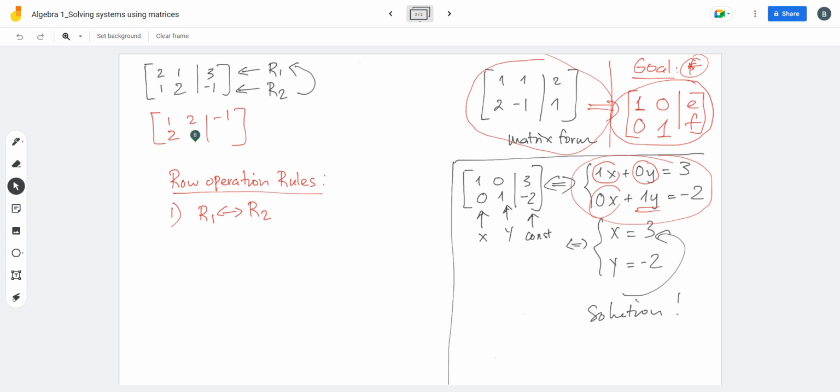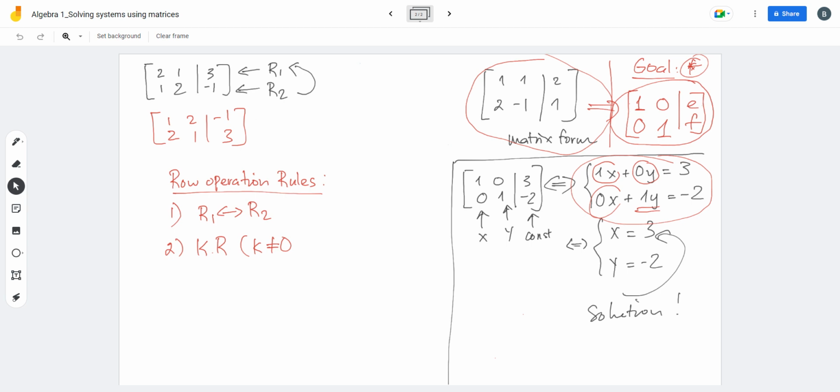Okay, so that's the first rule. Rule number 2 is that you can multiply any non-zero number to a row. So you can say k times row, with k being any non-zero number.